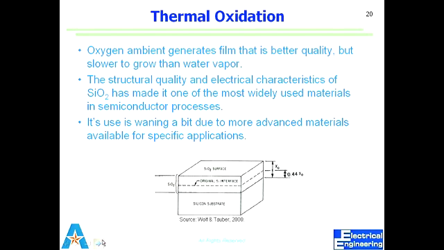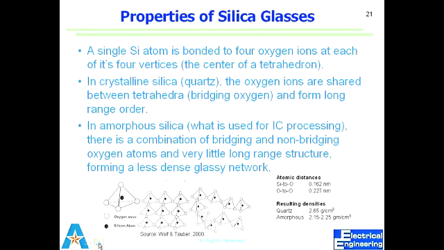In a certain thickness of silicon dioxide, there is 44% of silicon consumed in it. Right? So what happens in silicon dioxide? We have 4 oxygen atoms that bind to it, creating a tetrahedron structure. Right?